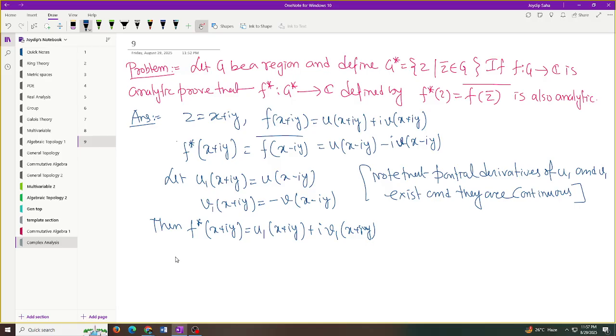And by the formula, del u1 del x equals del u del x, and del u1 del y equals minus del u del y, and del v1 del x.